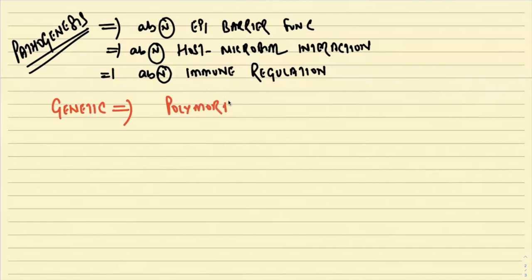Polymorphism means any variant of the normal. Polymorphism in the NOD2 gene is strongly associated with the development of Crohn's disease.